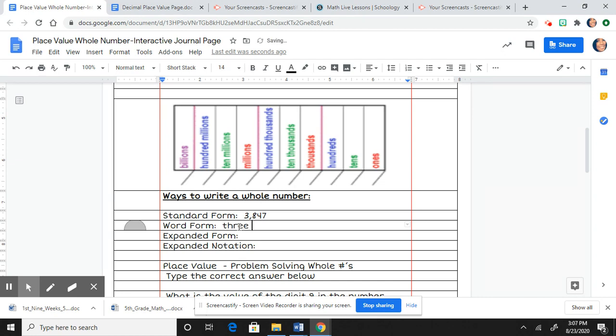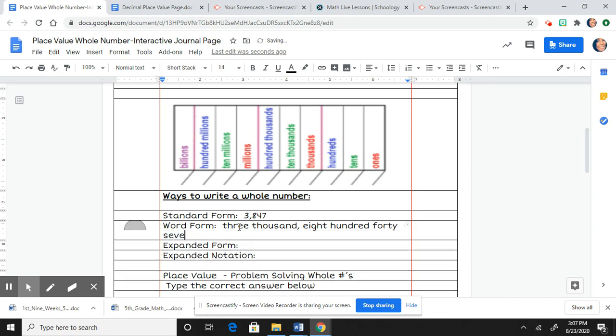So this would be 3,000. I'm going to put a comma there so we don't forget that it separates our period. Then 847.